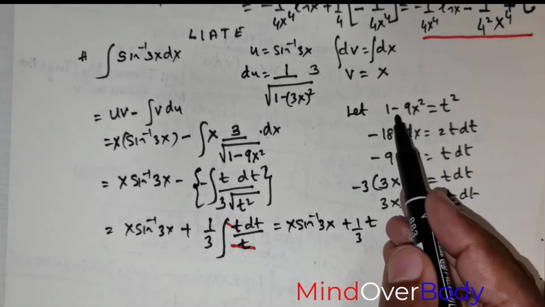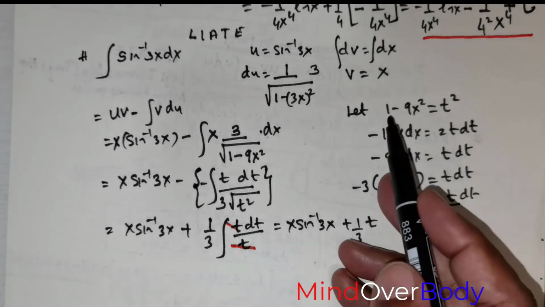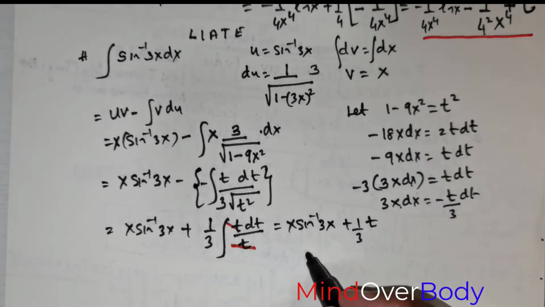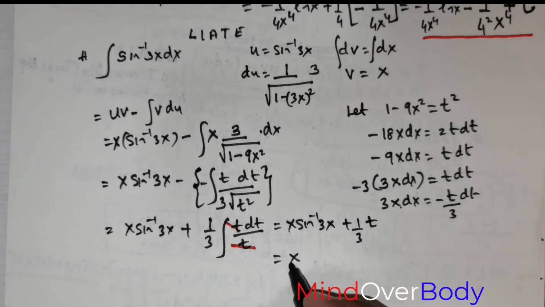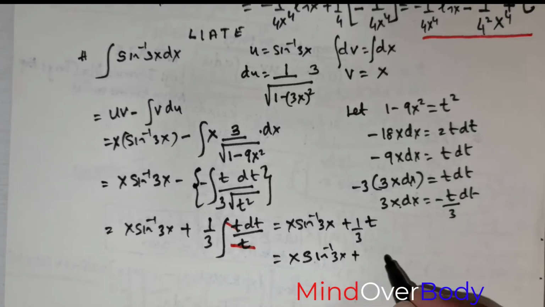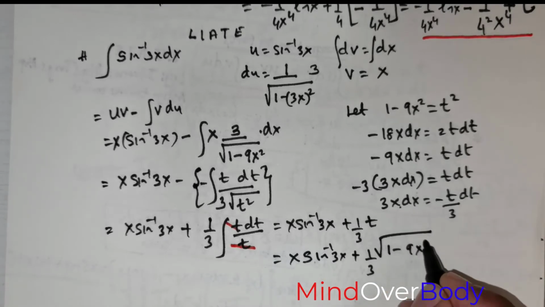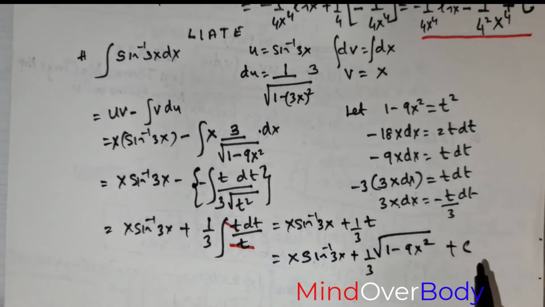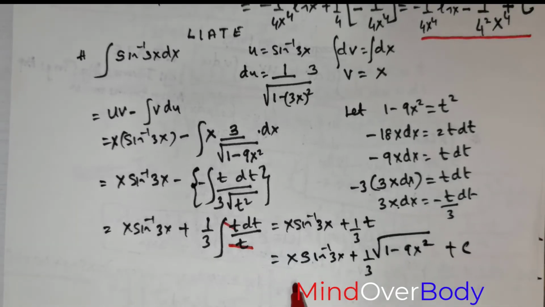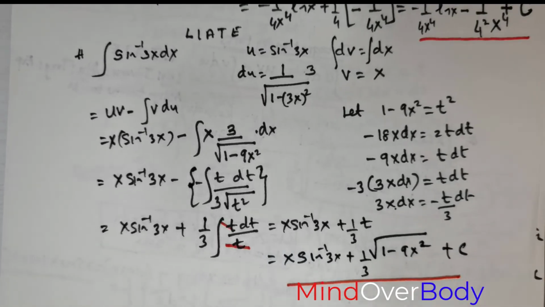My t squared is this, so my t is going to be root of the entire quantity, 1 minus 9x squared. So that's exactly what I'm going to write. So x times sine inverse of 3x, plus 1 over 3 times root of 1 minus 9x squared, plus arbitrary constant c. See, and that is a good place for us to draw the red line for this particular question.